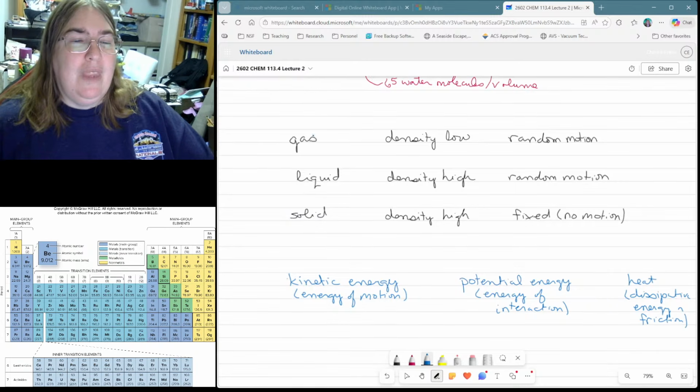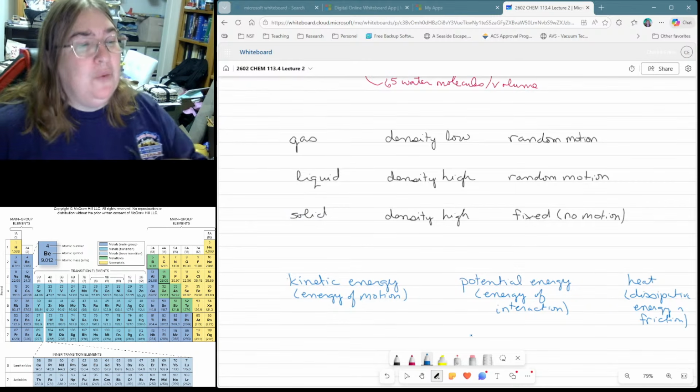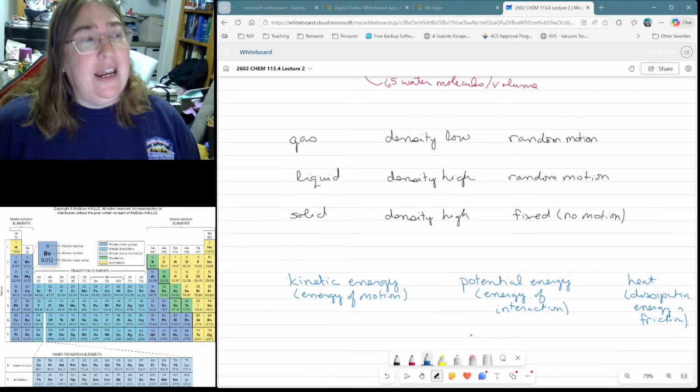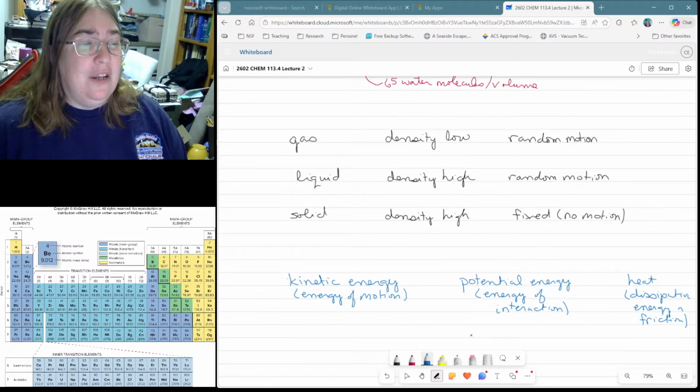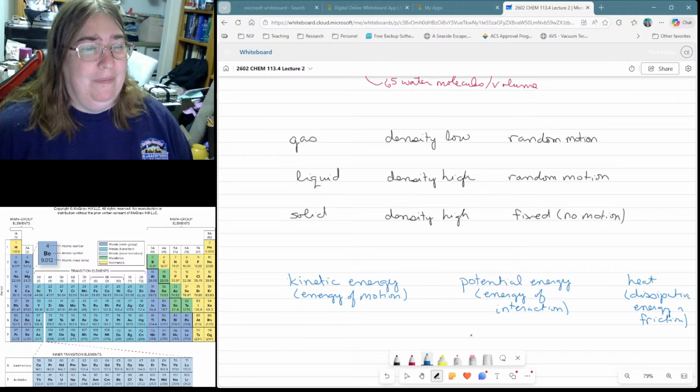Now, of these three phases, which one do you think has the highest kinetic energy, the highest energy of motion?